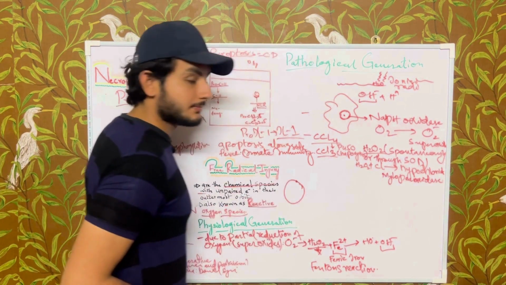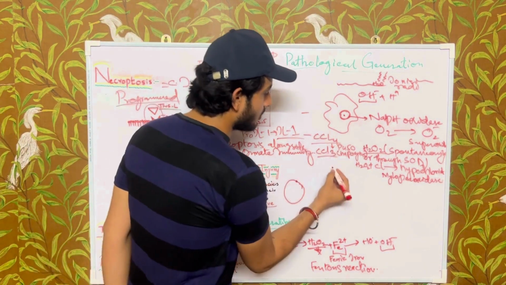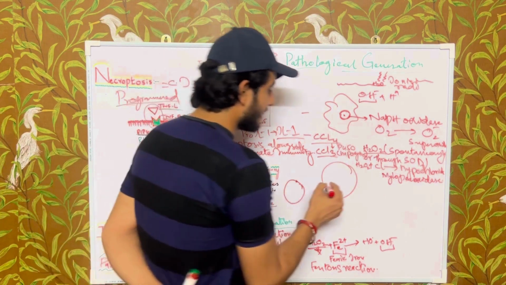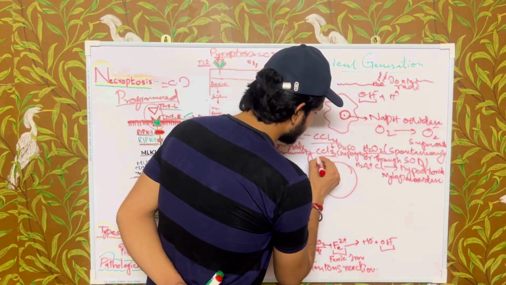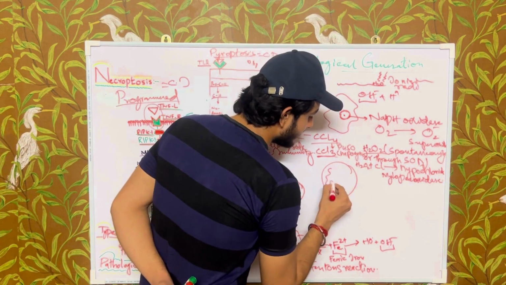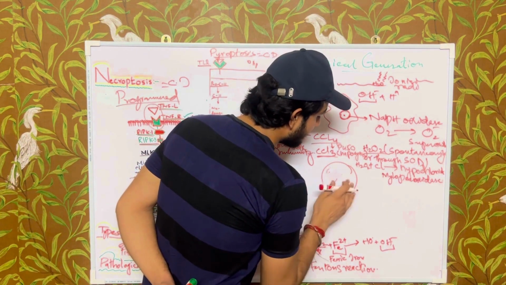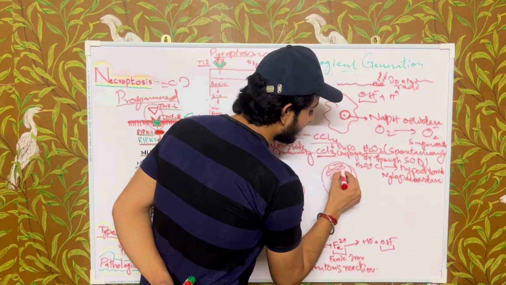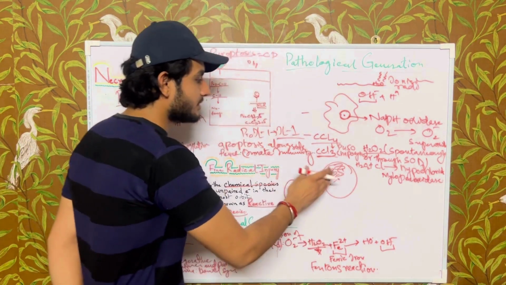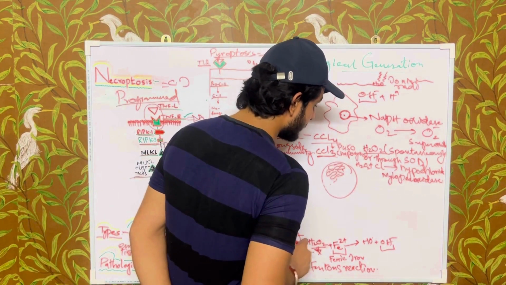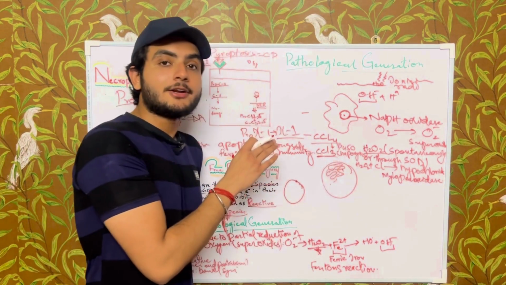Consider this is a cell, this is the hepatocyte. Due to the metabolism, this CCl3 causes the peroxidation of the endoplasmic reticulum membrane, due to which swelling of the endoplasmic reticulum occurs.